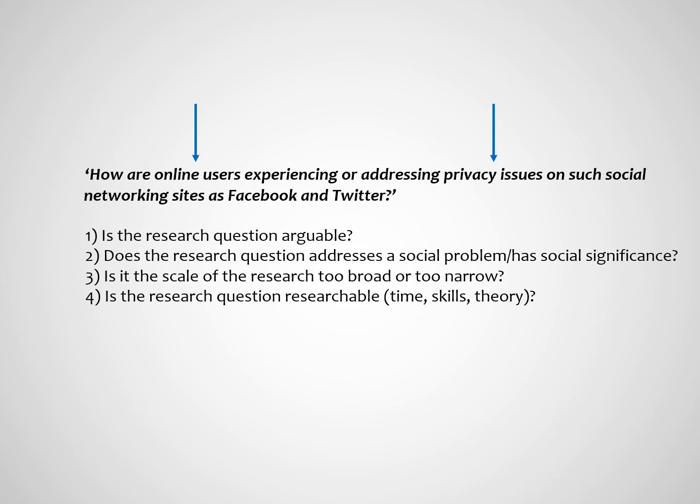The second criterion would be if the research question and the research project that it involves is addressing a real social problem that needs proper investigation. Or in other words, does the problem that we claim to be addressing have social significance?